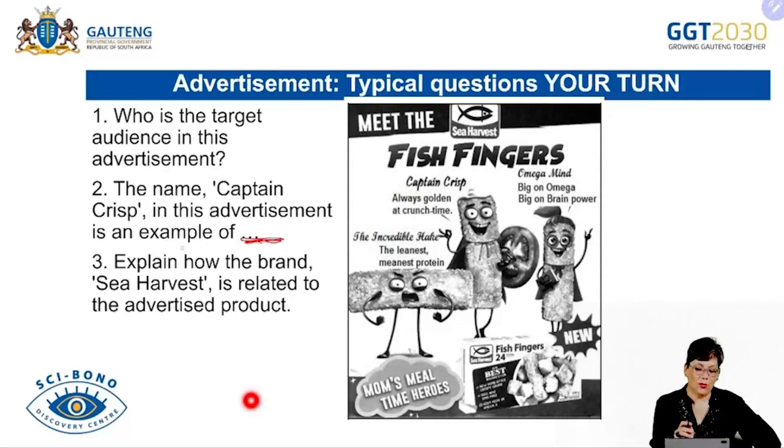And the next one is we want to know how this little brand, the Sea Harvest brand, is related to the product. What is the product? The product is obviously fish fingers. So how do these two fit together? And this kind of question will obviously count about 2 marks. This one is a 1 mark. And this will be a 1 mark one. Right. Let's go. And I'm sure you've got it.